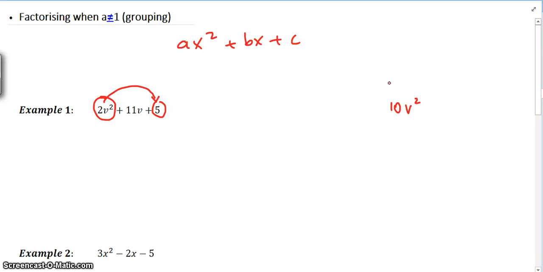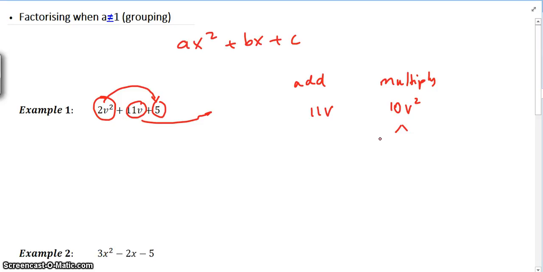So we have to ask ourselves, what two numbers multiply to give 10v squared but add to give 11v? So once again, let's look at all the pair factors of 10v squared.